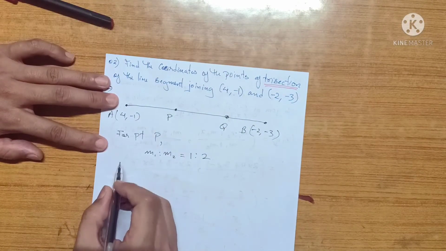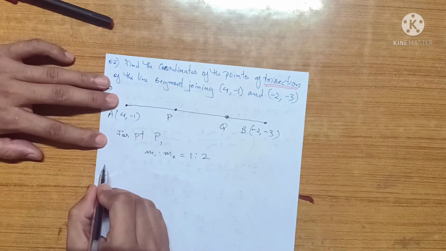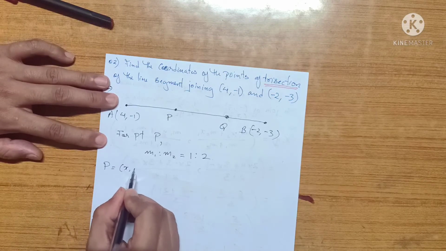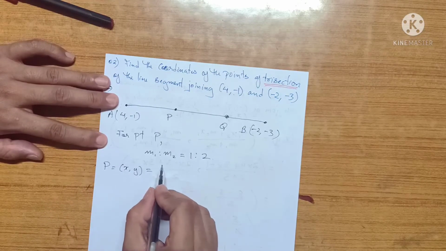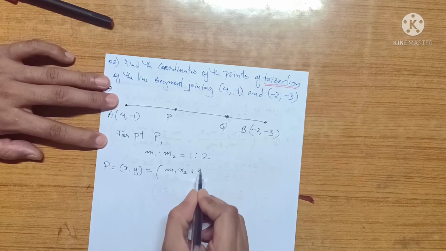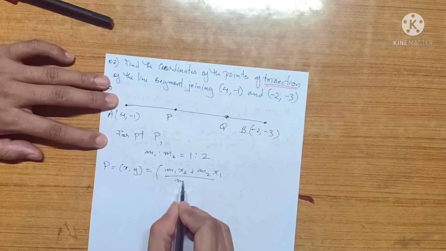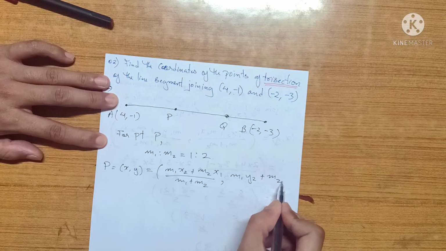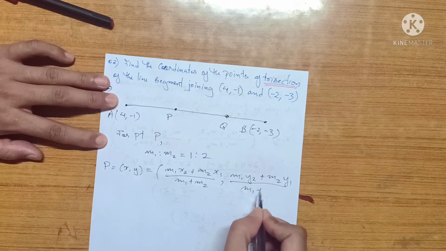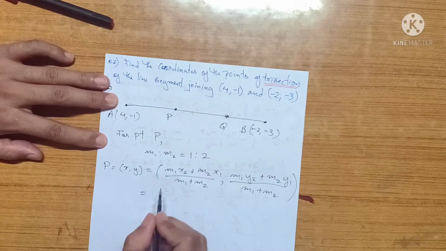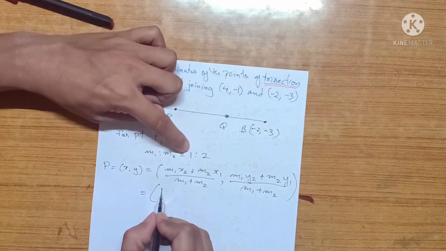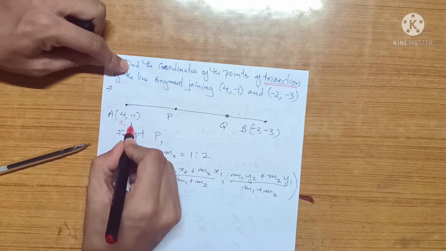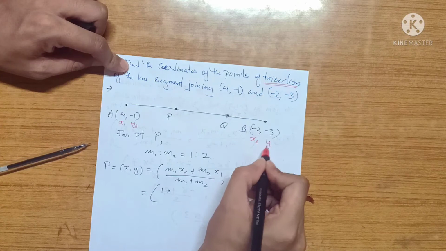Now let's apply the formula. Point P equals (m1 x2 plus m2 x1) by (m1 plus m2), comma, (m1 y2 plus m2 y1) by (m1 plus m2). Let's put the values in. M1 is 1 into x2, where this is x1, y1, x2, y2.